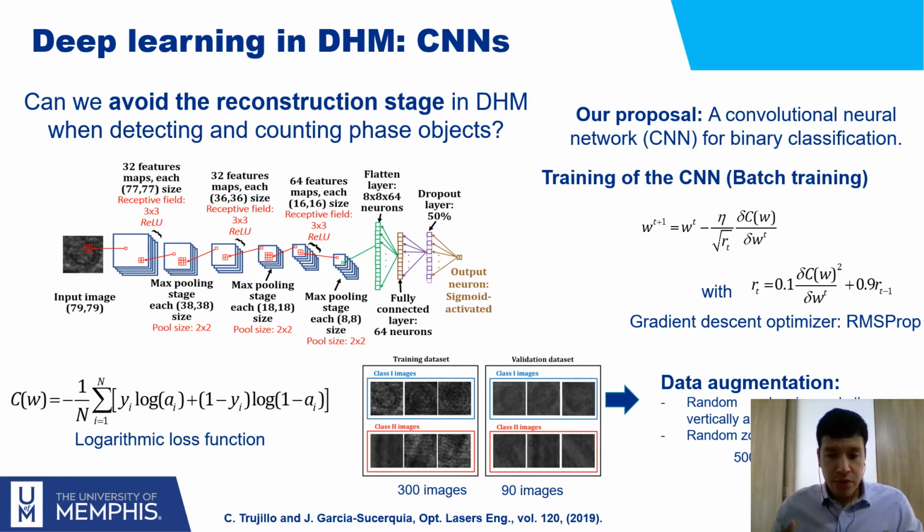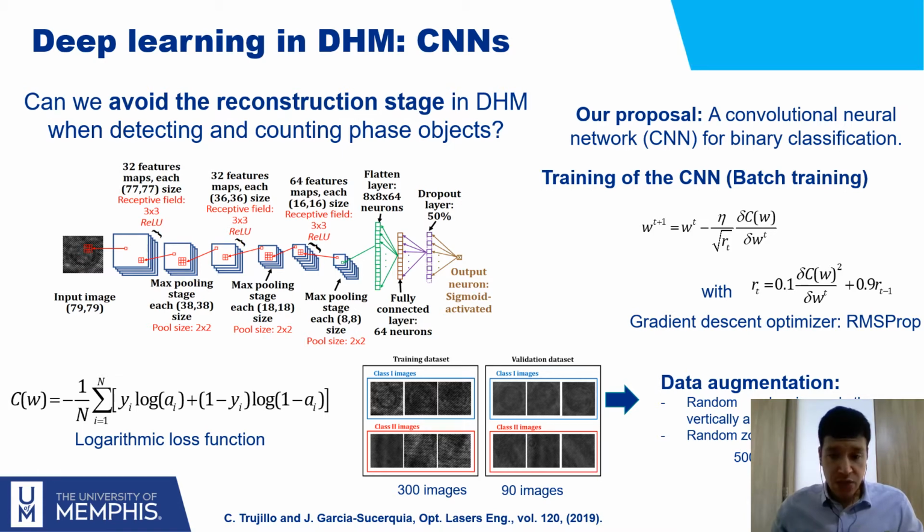We input a lot of DHM images, in this case 500 images, to a model, and we train this model to detect whether or not in a given window of the whole DHM hologram a given specimen is present or not.